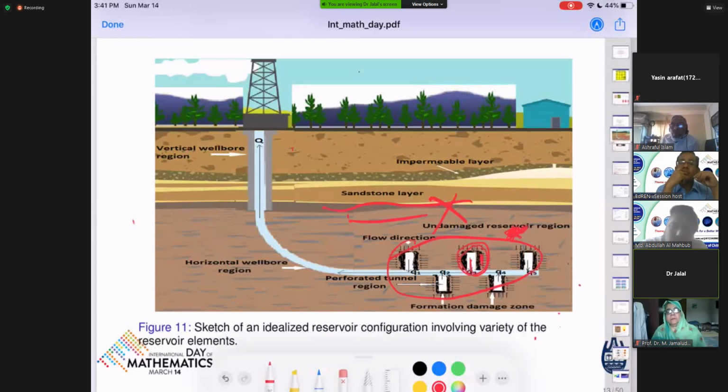People believe that the Navier-Stokes equation is not valid in the porous media, in the reservoir. So we are using the Navier-Stokes equation in the reservoir to capture all the quantities in the Darcy equation.